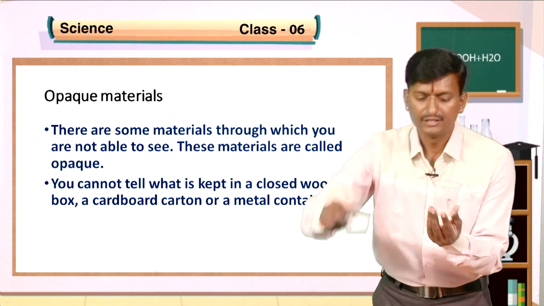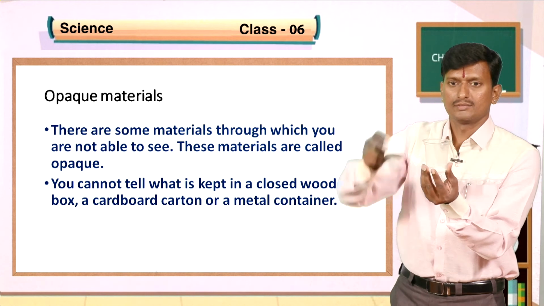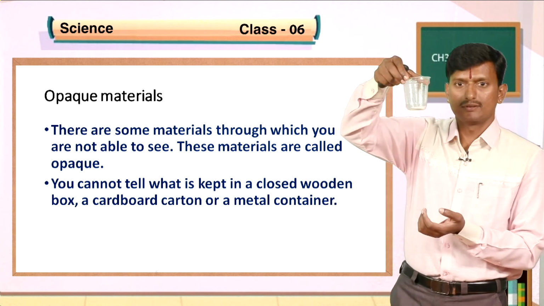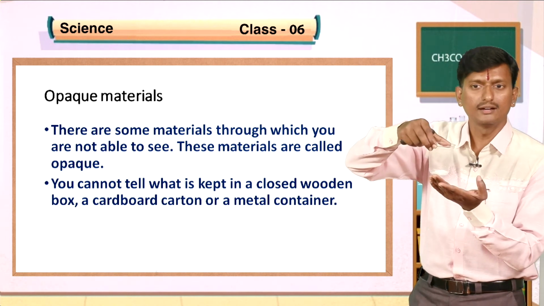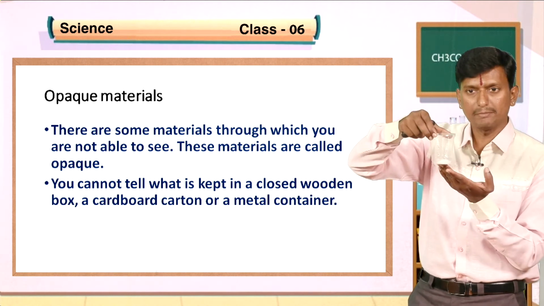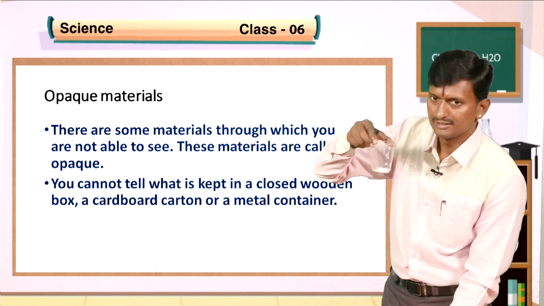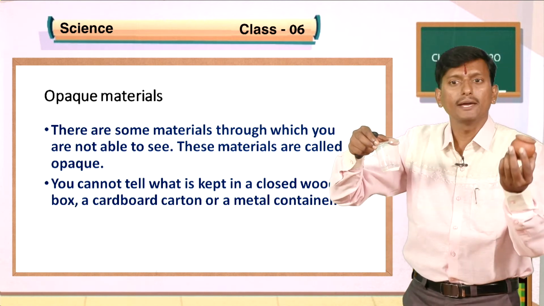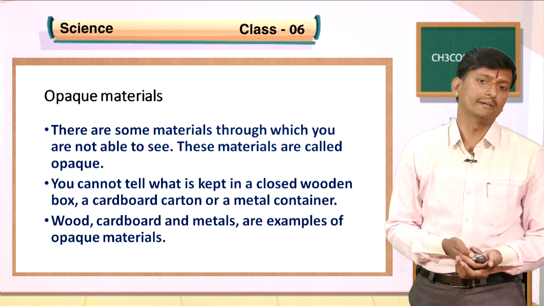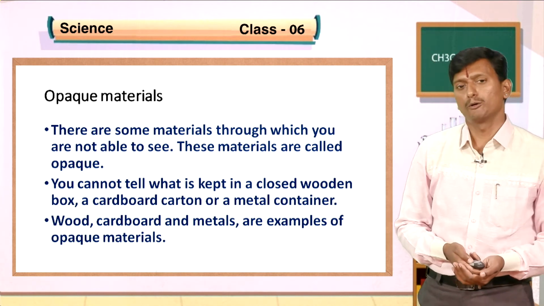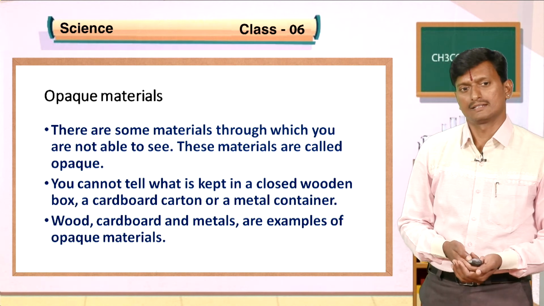If I add sugar to the cup, you can say, oh, something is there. This sugar is present inside the cup. This is an example of a transparent object. This is an example of an opaque object. So, wood, cardboard and metals are examples of opaque materials. Understand?